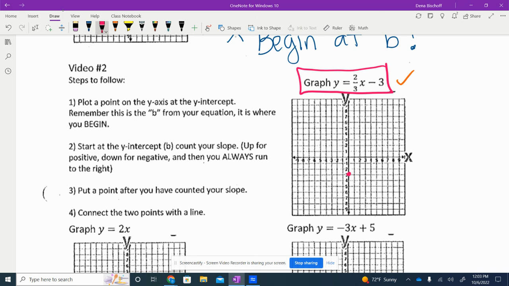And then run to the right. So that should put you at 3, -1. I'm going to do it again. Up 2 over 3. That should put you at the ordered pair 6, 1. I'm going to do it again. Up 2 over 3. That should put you at the ordered pair 9, 3. I have enough points that I can draw a nice straight line.